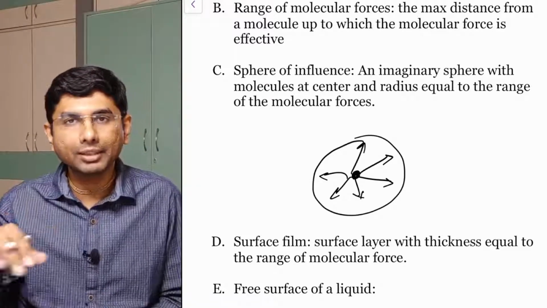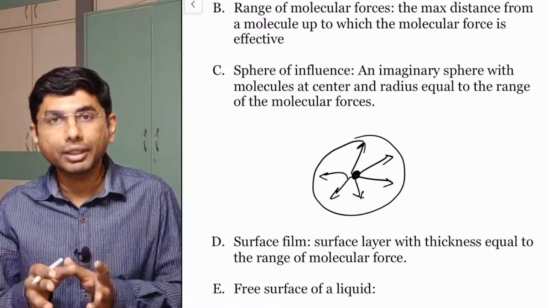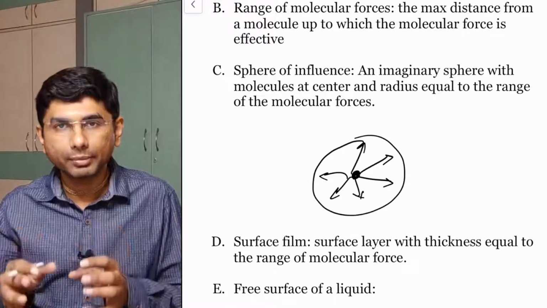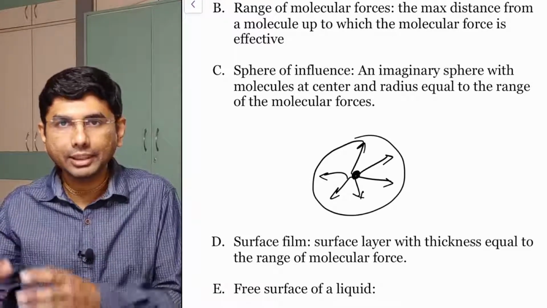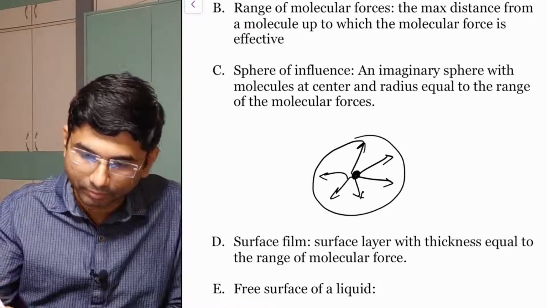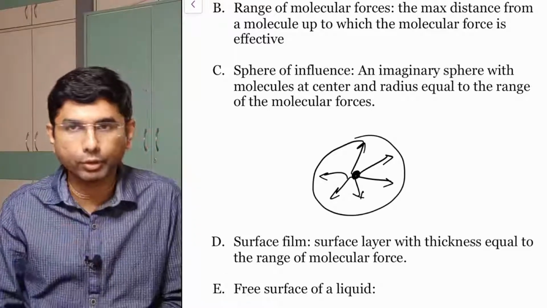This is called the sphere of influence. Within this sphere, if any molecule comes in contact, that molecule will experience a force of attraction. That's the influence it has. Beyond that, it cannot influence anything else. It is an imaginary sphere with a molecule at the center and radius equal to the range of the molecular forces.